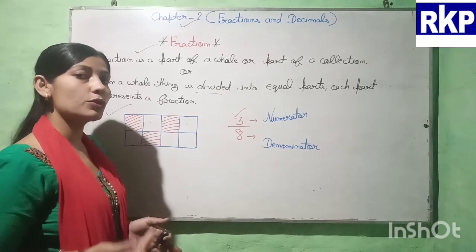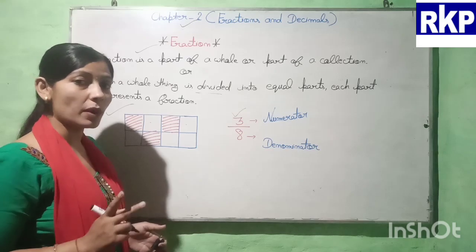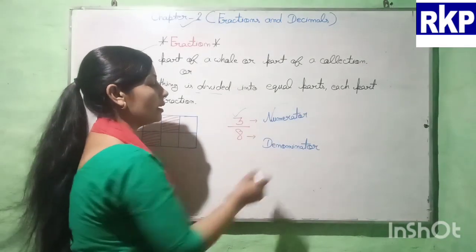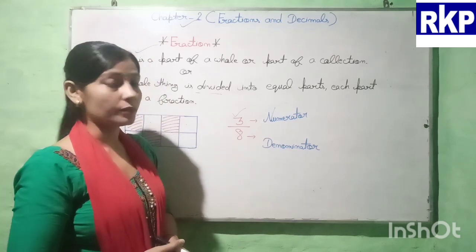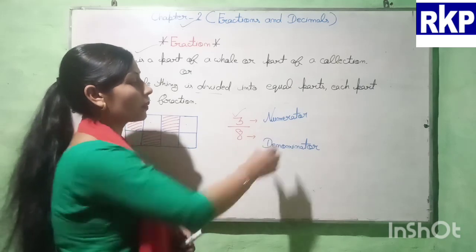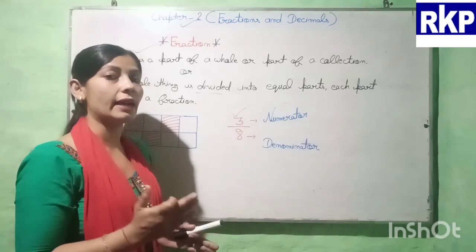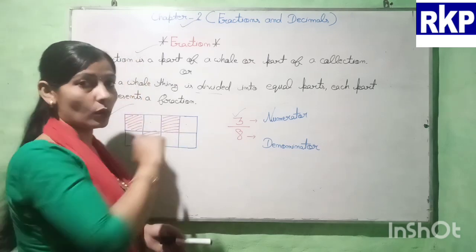And you know, students, in a fraction there are 2 parts: one is the numerator and the second is the denominator. What is the meaning of numerator? Numerator is the top part in a fraction, and it shows how many parts we have of this whole.